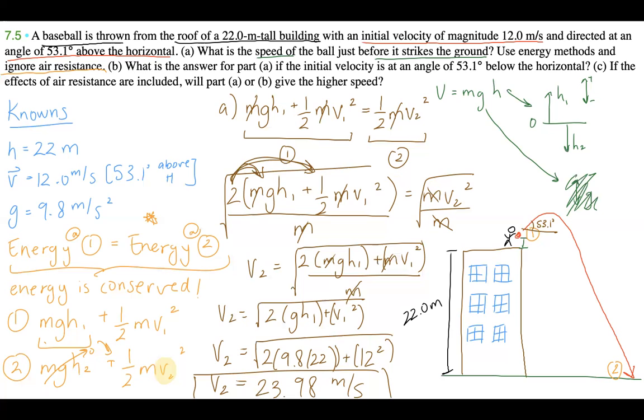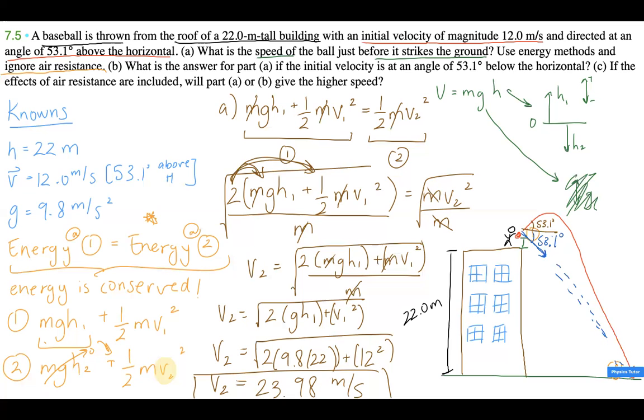So let's say that this is 53.1 degrees below. And it's probably going to be some sort of path like that, curved, and this is also a projectile, but it's 53.1 degrees below. And maybe I'll do this so that it's a little bit more curved.